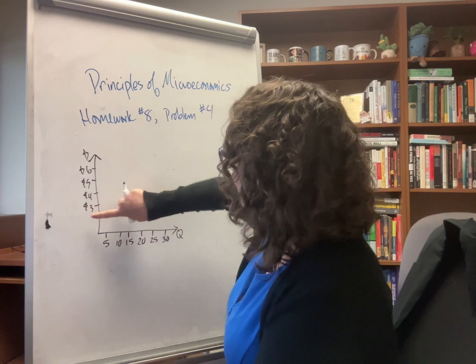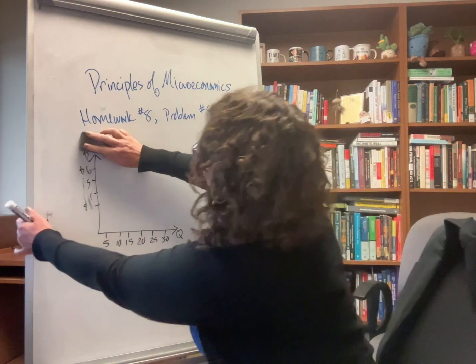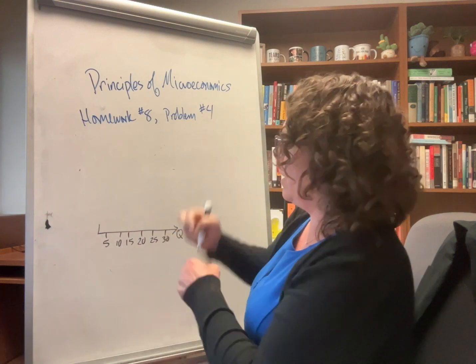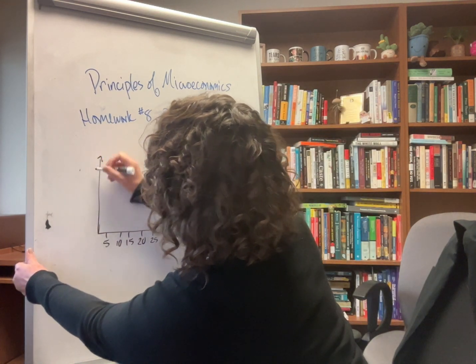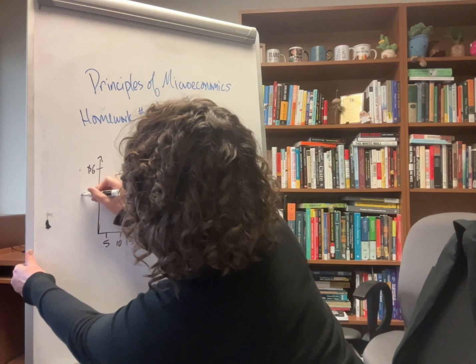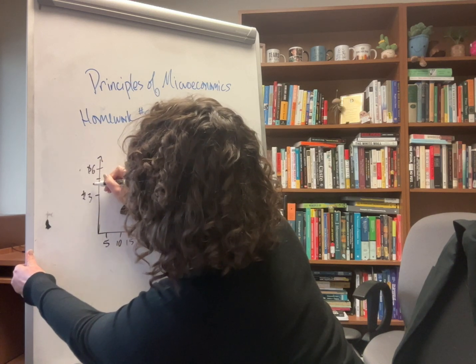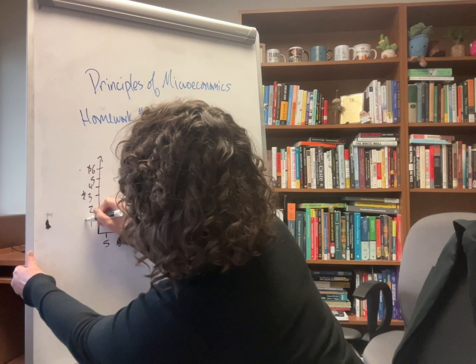I wish I had shifted that a little bit. I didn't give myself enough space. But that is the beauty of dry erase, is that we can go all the way up. So that'll be 6, 5, 4, 3, 2, and 1.